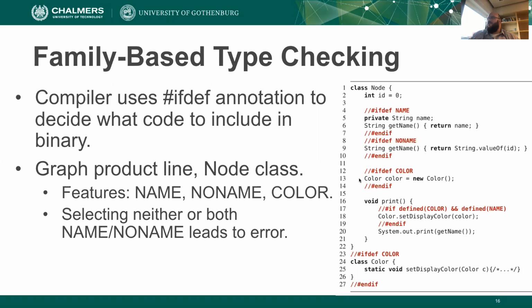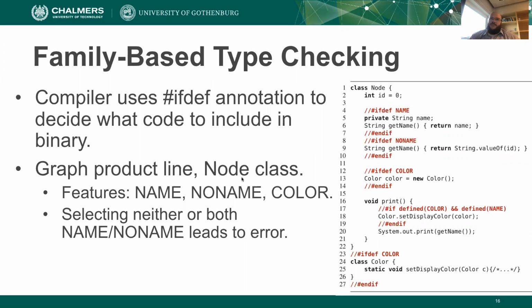Line 12 will be included if we include the feature color. Further down, line 18 is only there if we have color and name. And this color class is only included if we use the feature colors. So the code that gets compiled in only includes the features we've said that we are explicitly including.